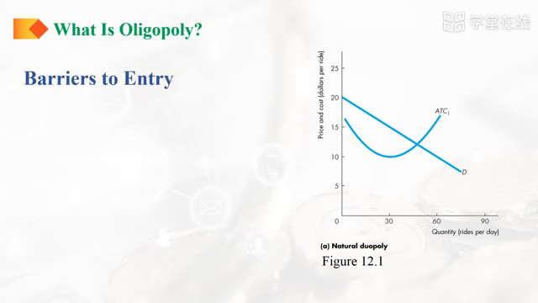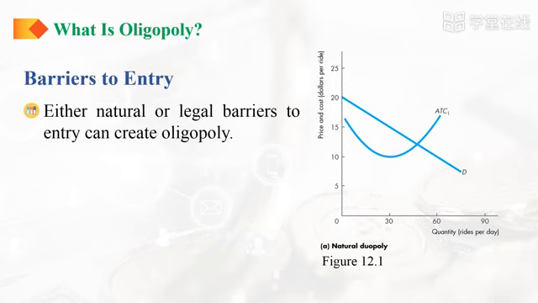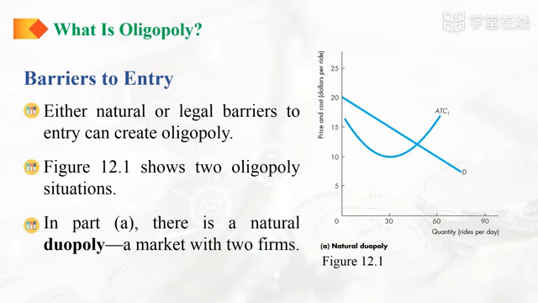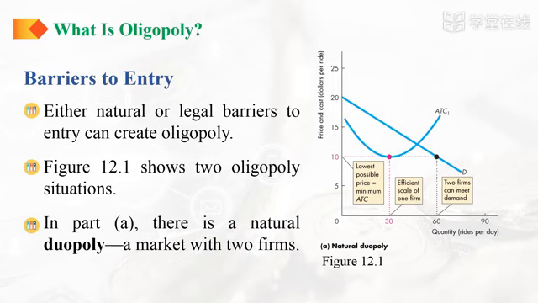Figure 12.1 illustrates two natural oligopolies. The demand curve D shows the demand for taxi rides in a town. If the average total cost curve of a taxi company is ATC1, the market is a natural duopoly, an oligopoly market with two firms. You can probably see more examples of duopoly where you live.